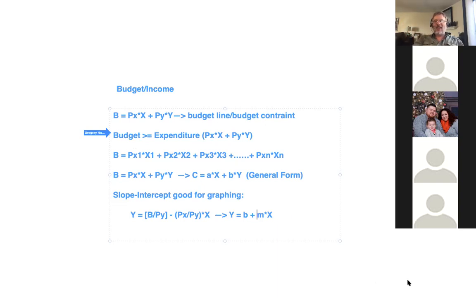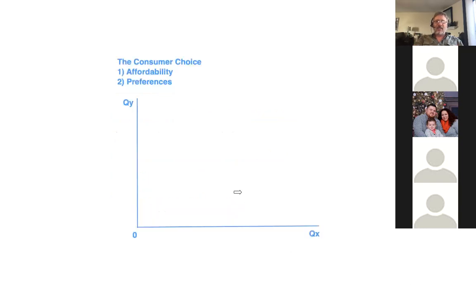Okay, good. Is there anybody that doesn't see what I'm saying or has any questions at this point in time? Okay. All right. So now I'm going to take this equation in just this general algebraic expression, and I'm going to graph it.